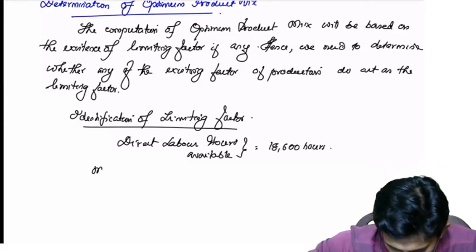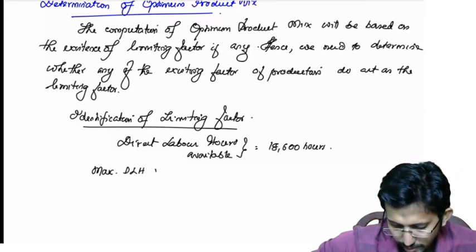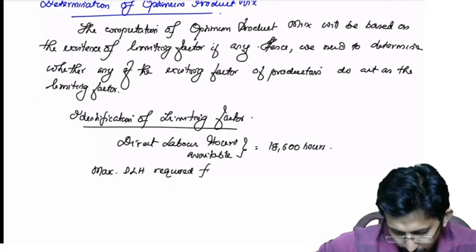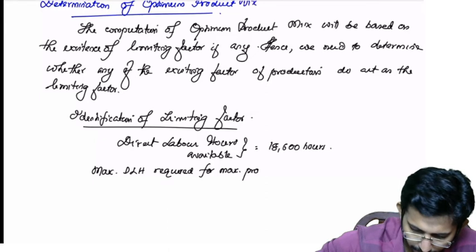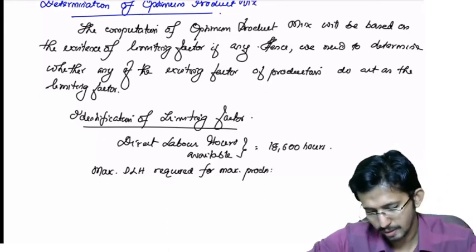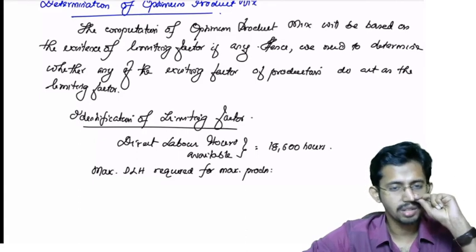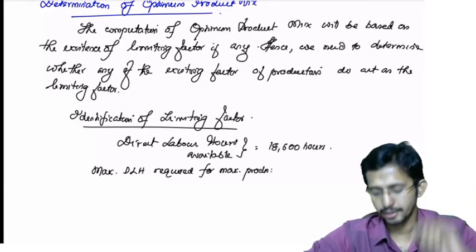Then maximum direct labor hours required for maximum production. See, you need to find out the direct labor hours required for maximum production. So first you have to compute what? You need to compute what is the maximum production.